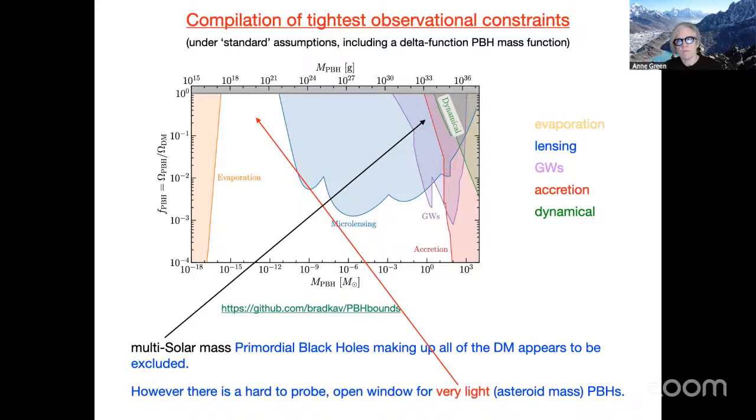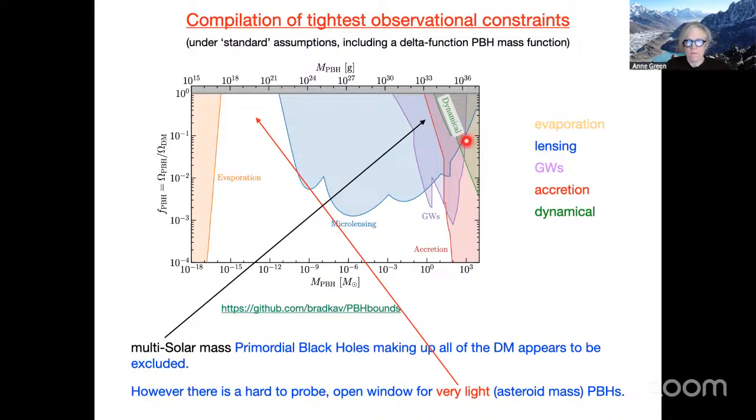And then going to even more massive primordial black holes, there are constraints from accretion. Gas would be accreted onto primordial black holes, and then that leads to emission. And it can show up either as X-ray and radio point sources at the present day, or via the effects on the recombination history of the universe, which show up in the cosmic microwave background.